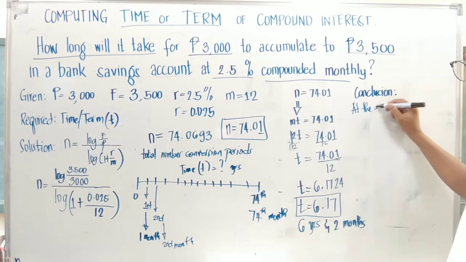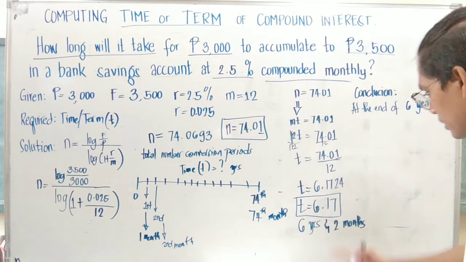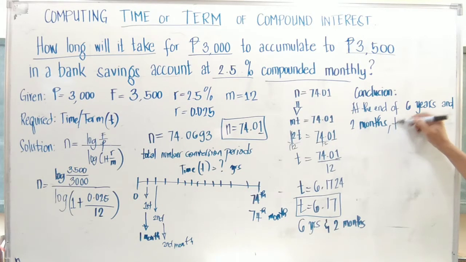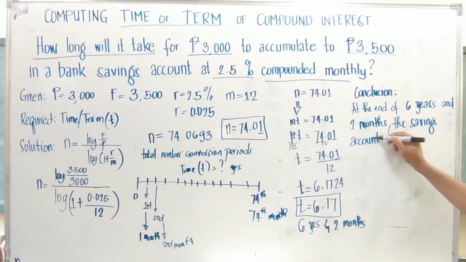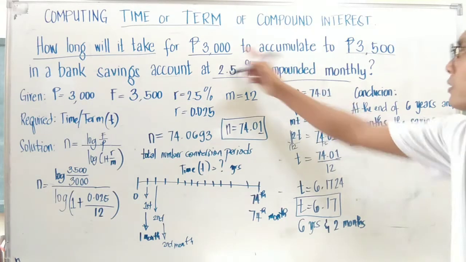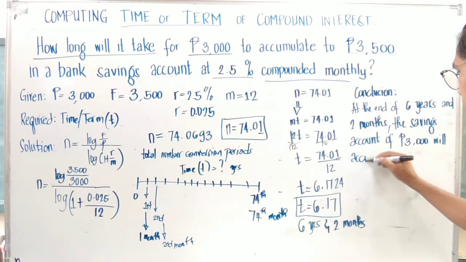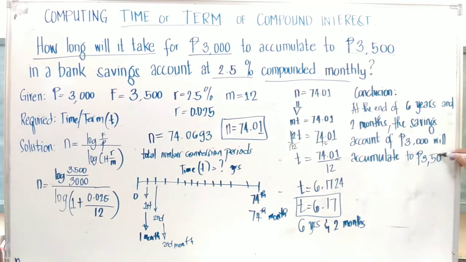So for our conclusion, therefore, at the end of 6 years and 2 months, the savings account of 3,000 will accumulate to 3,500.